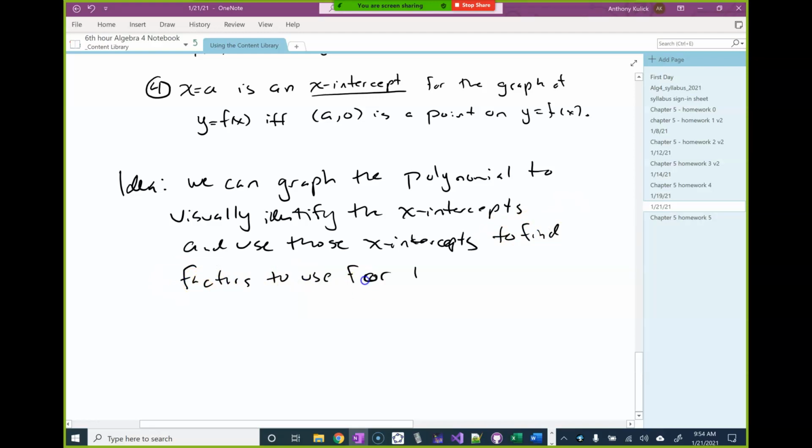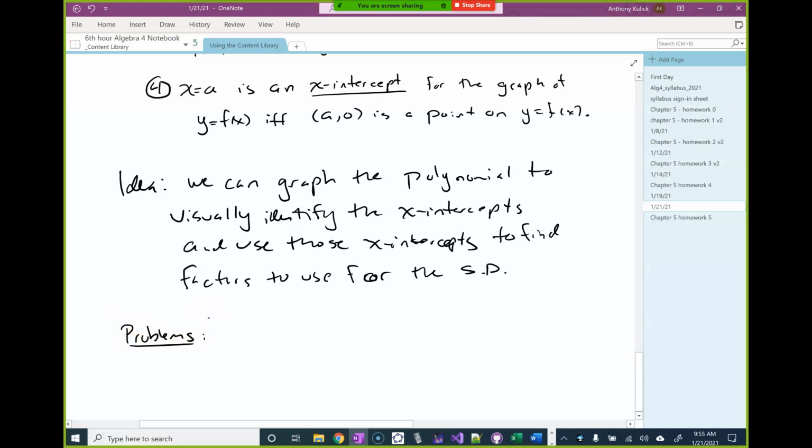Well, for starters, not all of our x-intercepts are going to correspond to linear factors. What do I mean by that? So for example, if we had the factor x squared minus 2, we can't factor that anymore, right? Do you agree with that? That's not a difference of two squares. There's nothing really more we could do with that.